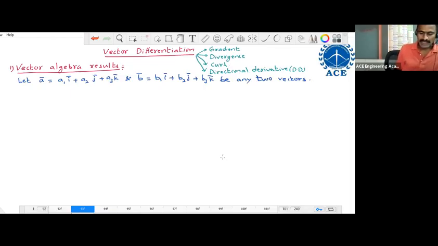But in your technical subjects, you will write it differently: instead of i bar, you write A x cap, instead of j bar, A y cap, and instead of k bar, A z cap. I am not writing these because we are discussing the mathematical results from the mathematics part only. In mathematics, I write i bar, j bar, k bar instead of A x cap, A y cap, A z cap.